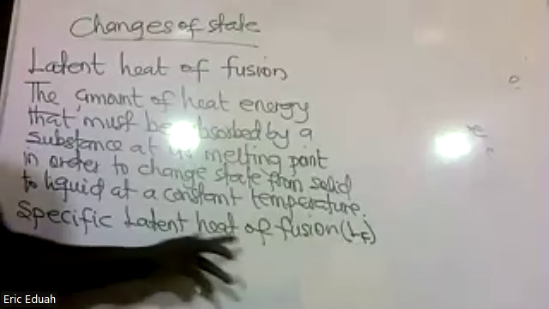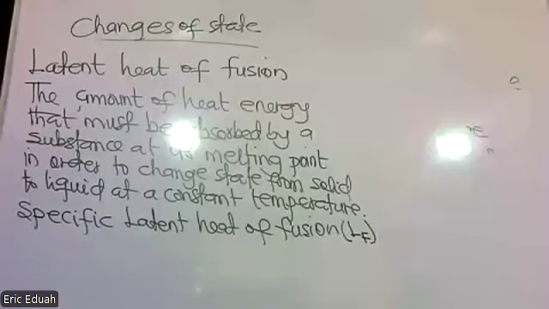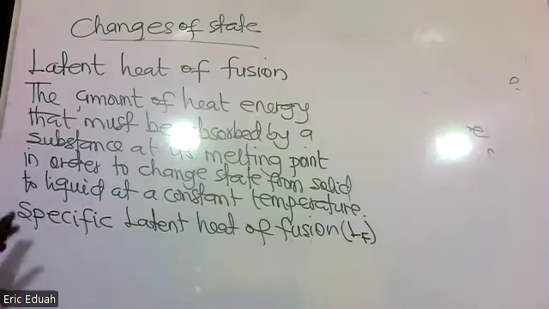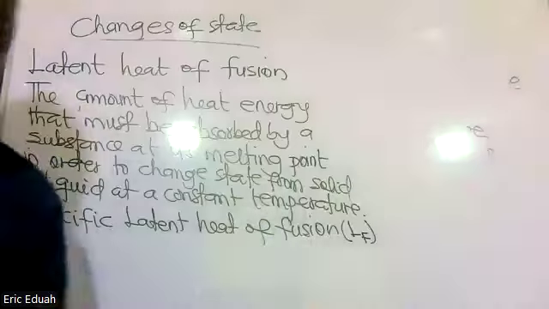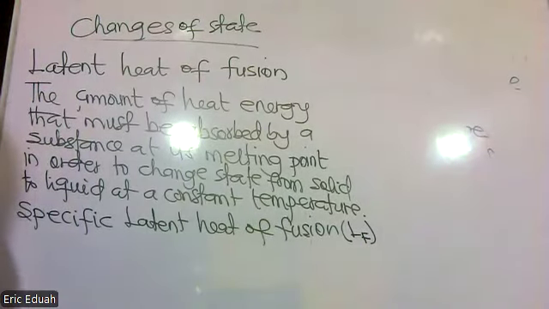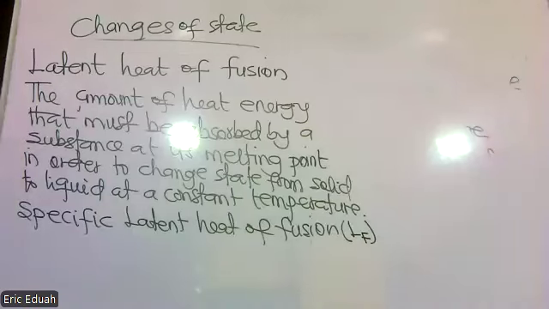Specific latent heat of fusion of a substance is also the amount of heat energy that must be absorbed or liberated, either way, by 1 kilogram mass of a substance at its melting point in order to change state from solid to liquid at a constant temperature.